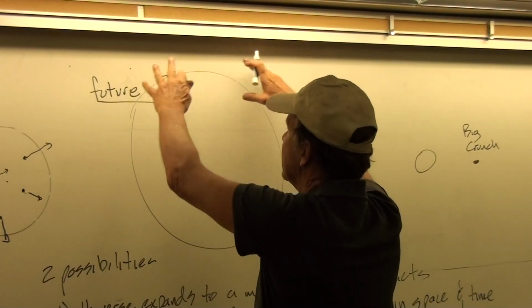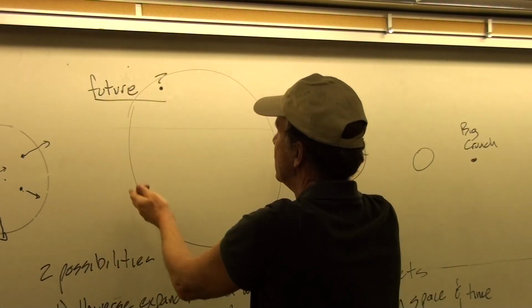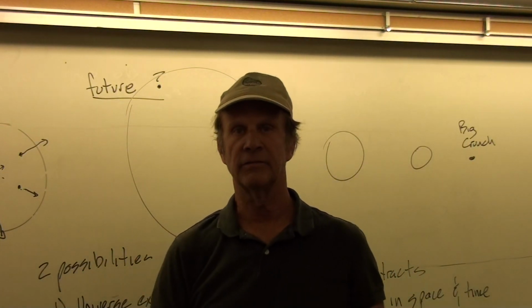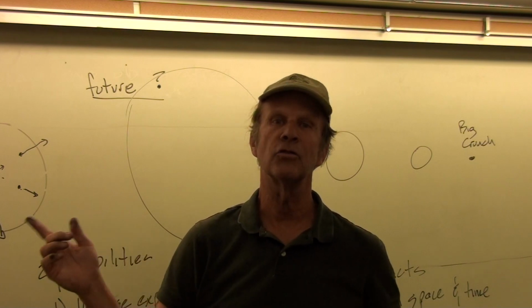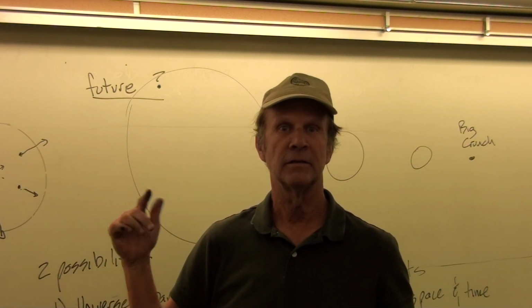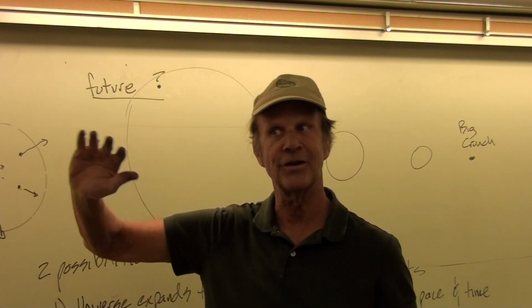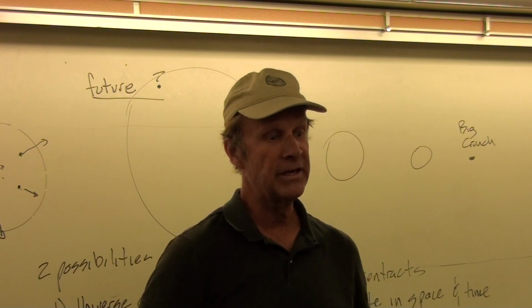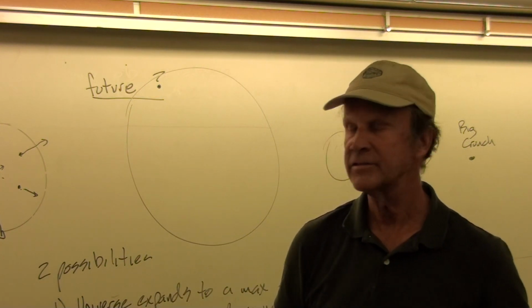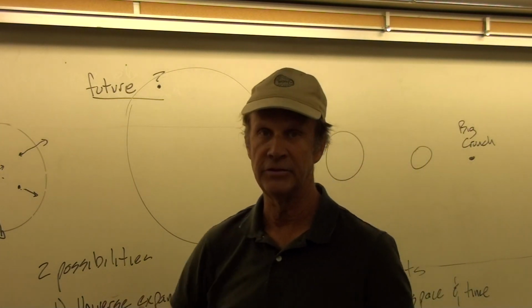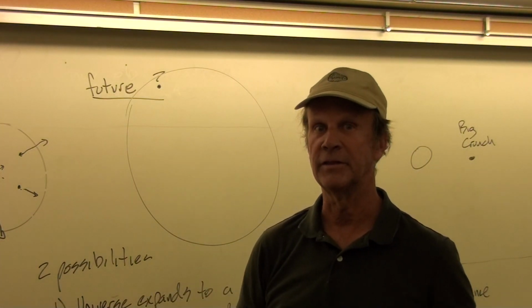And so that means that this three-dimensional surface is curved back around on itself, so that if you moved in any direction, you would eventually come back around to your starting point. And this would be curved through a higher dimension that we can't see. But it would be closed because it would be finite in space. It's also finite in time because the big crunch would happen at a finite time in the future, maybe 1 trillion years from now, something like that.